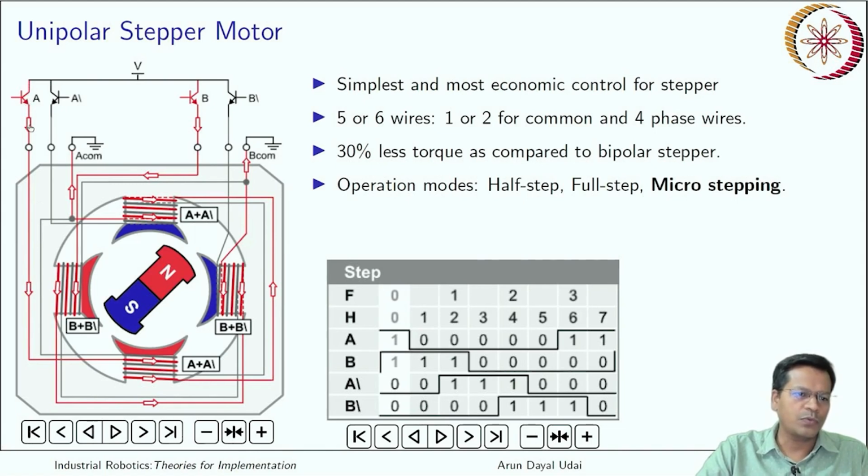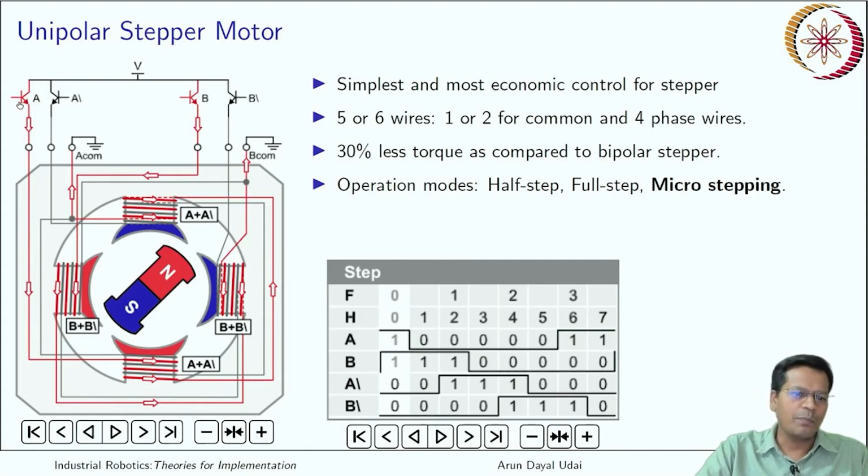So if current flows from A, it comes like this, it is wound on one of the poles, and it goes and is reverse wound on the other pole, so that when A is high, it makes the bottom one north and the upper one south, and finally it goes to the earth, that is, to the ground. And when A bar is high, in that case the wire comes from the other side of it and it makes the upper one north and the bottom one south, so it goes back to the ground once again.